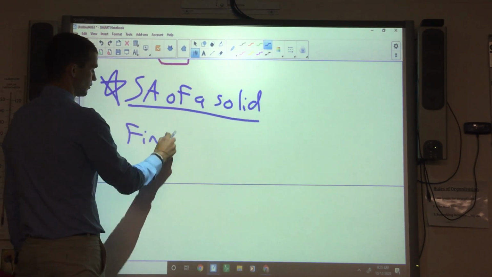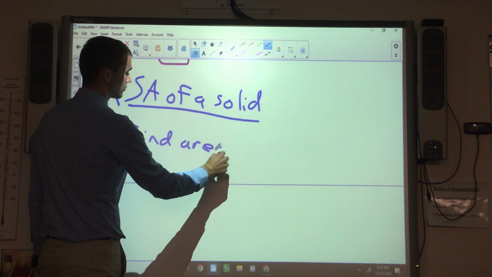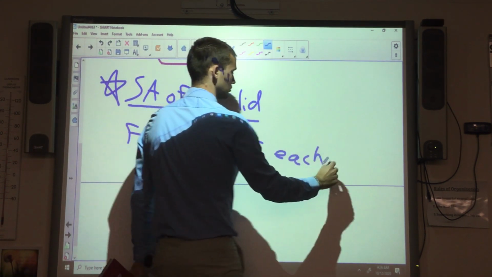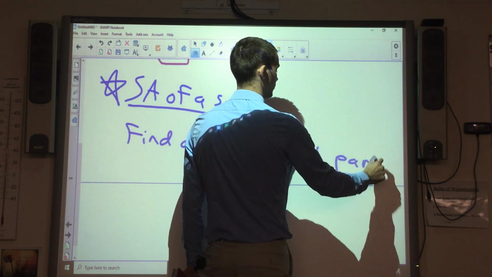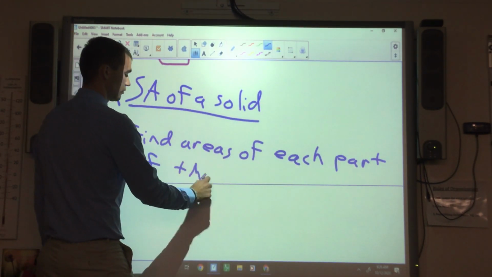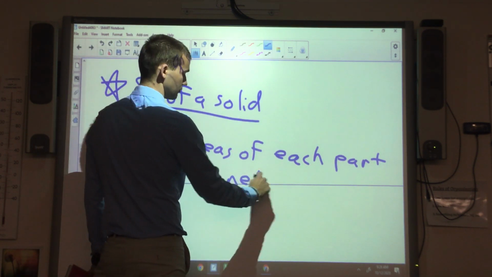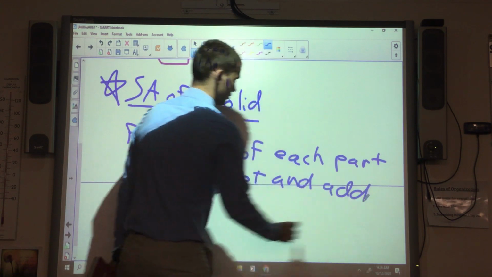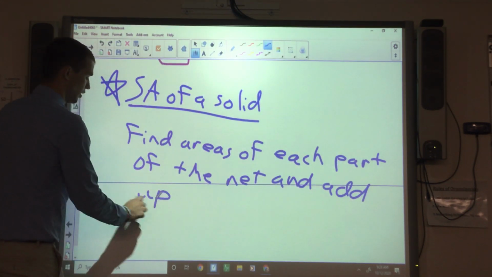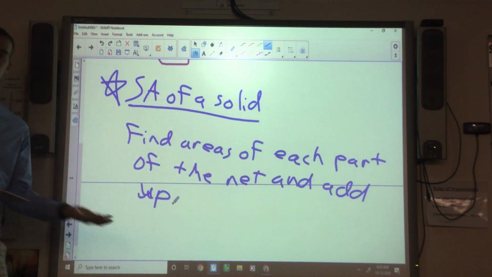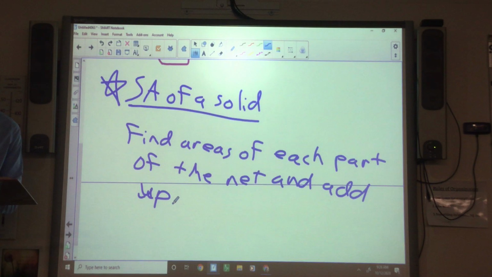Find the area of each part of the net and add up. That's it. Find the areas of each part of the net, add them all up, then you're going to have the surface area of the whole net.